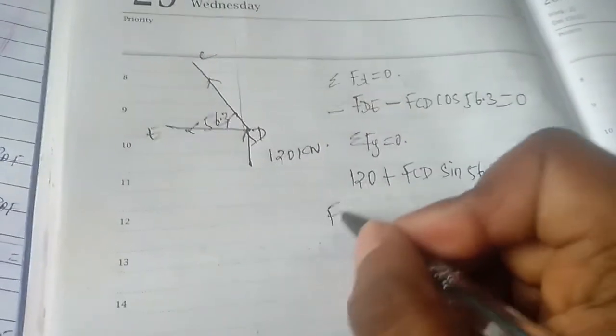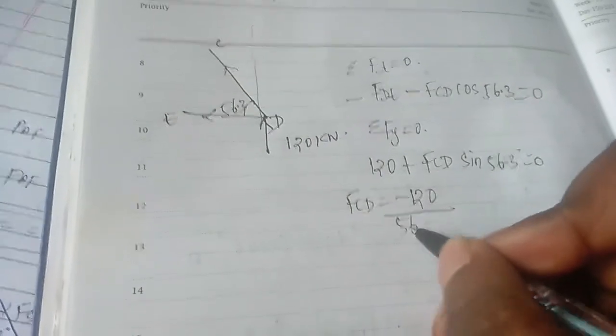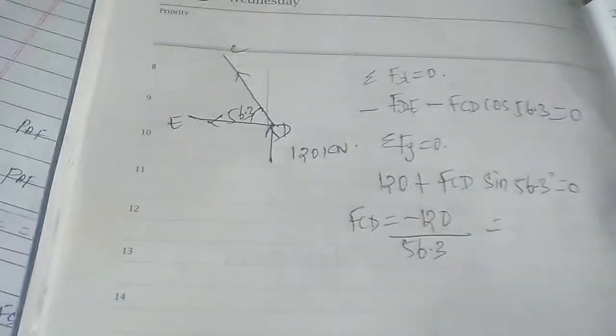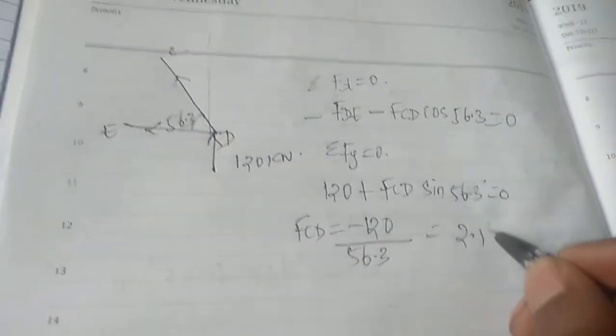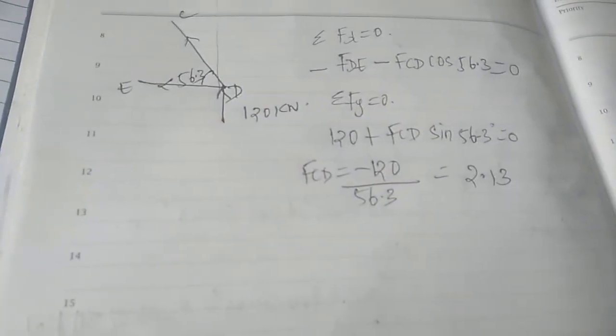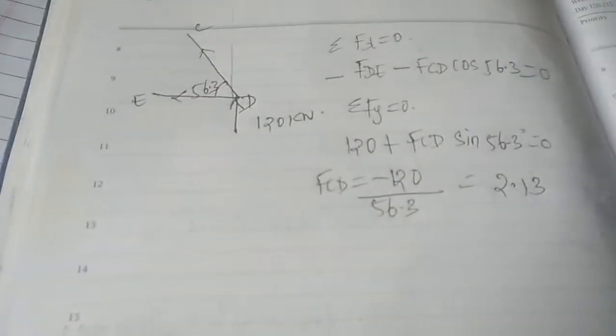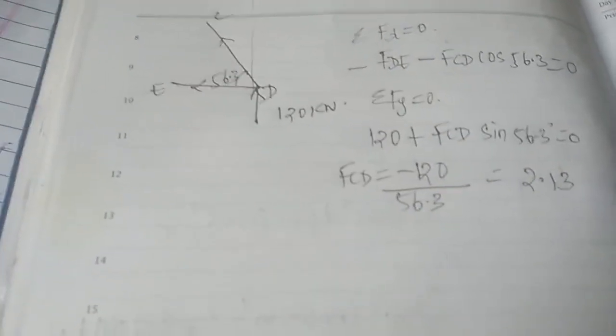So if you calculate FCD, FCD is equal to minus 120 divided by sine 56.3.